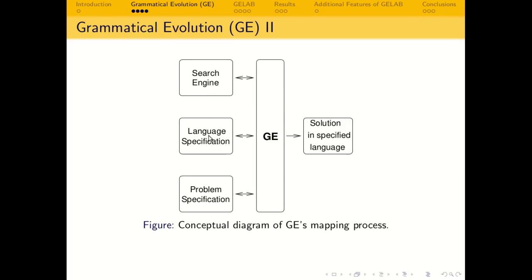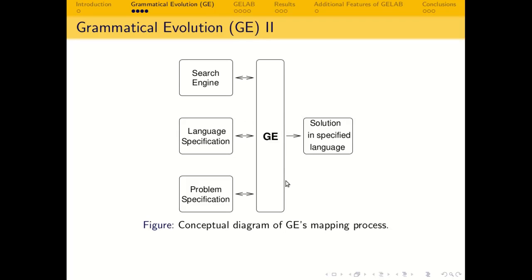This is a schematic of grammatical evolution. You have to specify a language and give a problem specification. Grammatical evolution takes the data of the problem and the language specification in BNF form, and runs a traditional integer-based genetic algorithm on the back end to generate a large number of genotypes, and uses the BNF grammar to create the phenotypes of those.